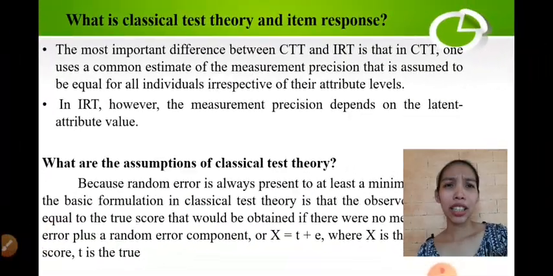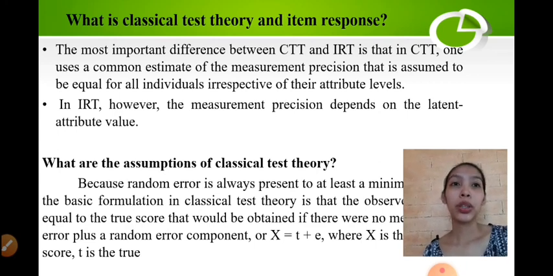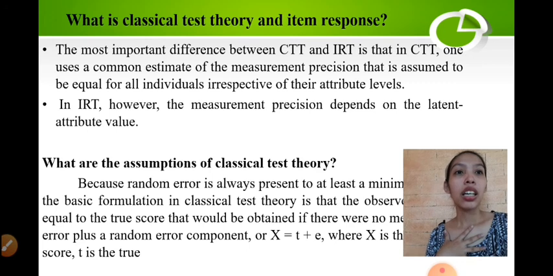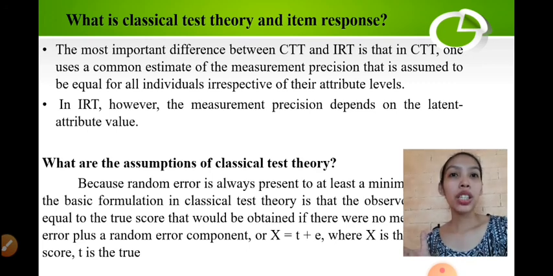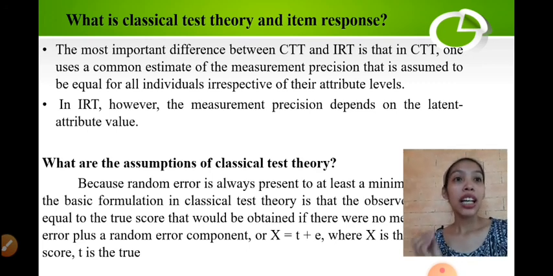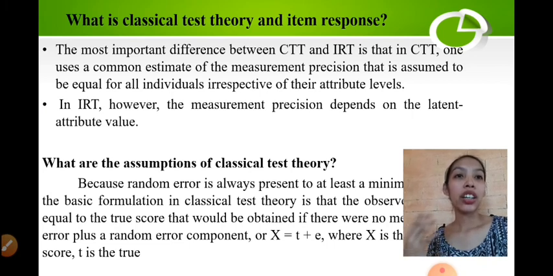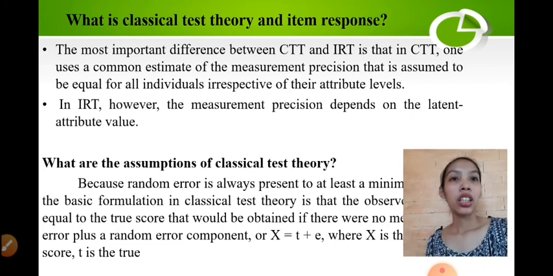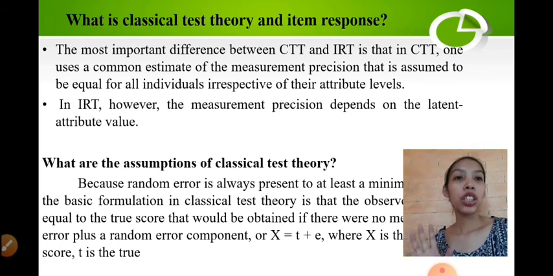What is the difference between classical test theory and item response theory? The most important difference is that in CTT, one uses a common estimate of the measure precision that is assumed to be equal for all individuals irrespective of their attribute levels. In item response theory, however, the measure precision depends on the latent attribute value.